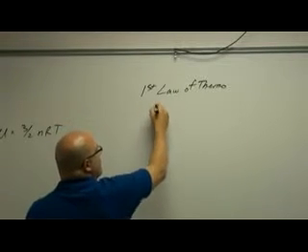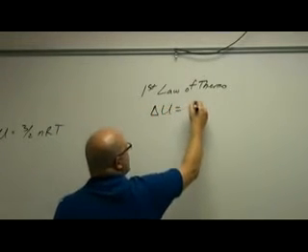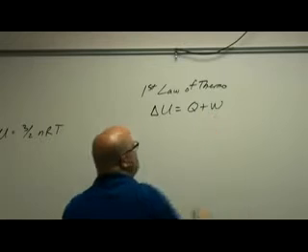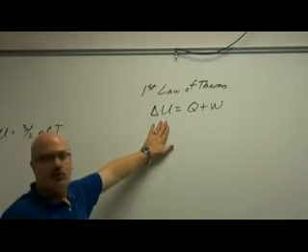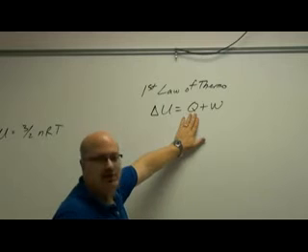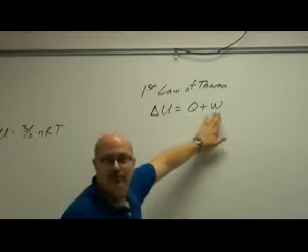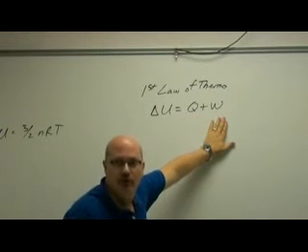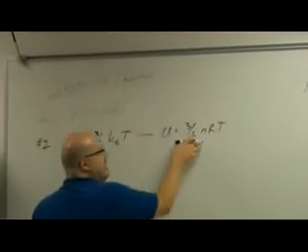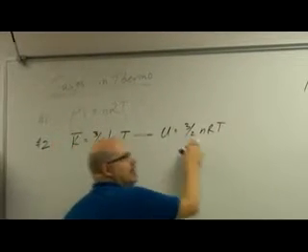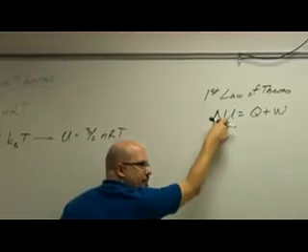The change in thermal energy is equal to heat transfer plus work. Very good. The change in internal energy of the material is equal to how much heat you put into it plus how much work you do on it. So, how do I change this to give me that?